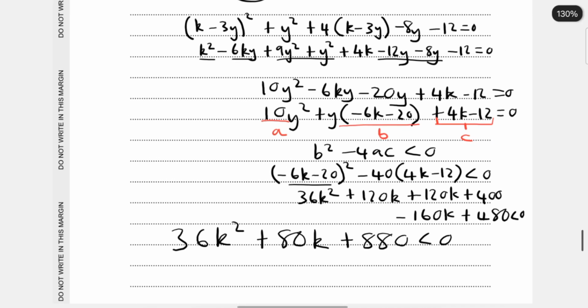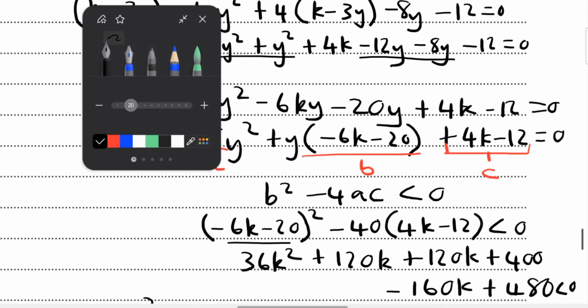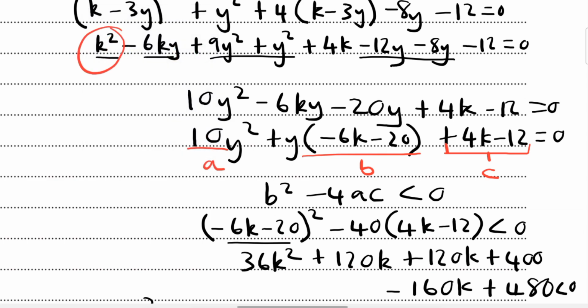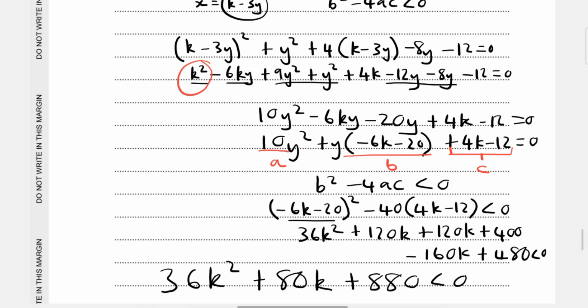Wait a minute, there was a k squared somewhere. I think I forgot to put it here. This k squared, because we said 9y squared plus y squared, we got 10y squared.